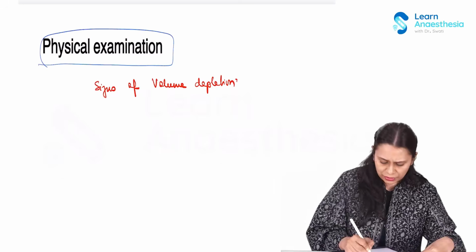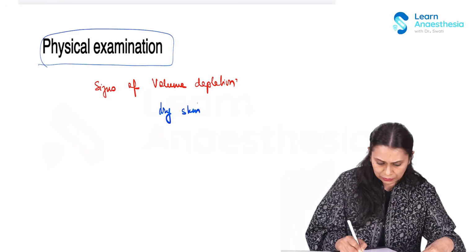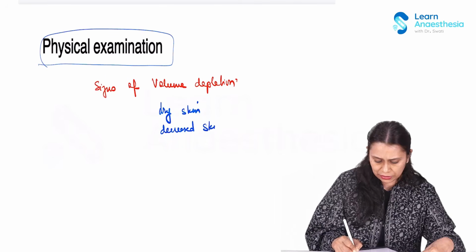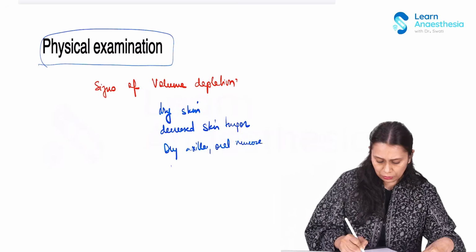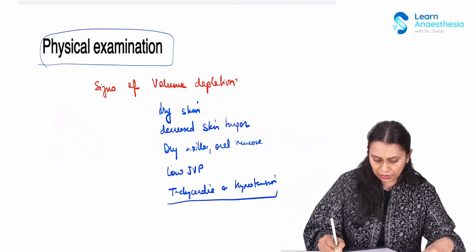So first is dry skin, decreased skin turgor, then dry axilla, then dry oral mucosa, low JVP, and the patient will present with tachycardia and hypotension. The sympathetic stimulation, which is happening due to dehydration.